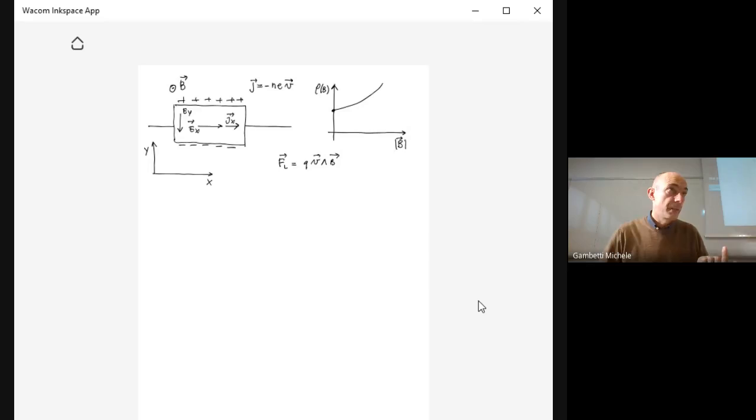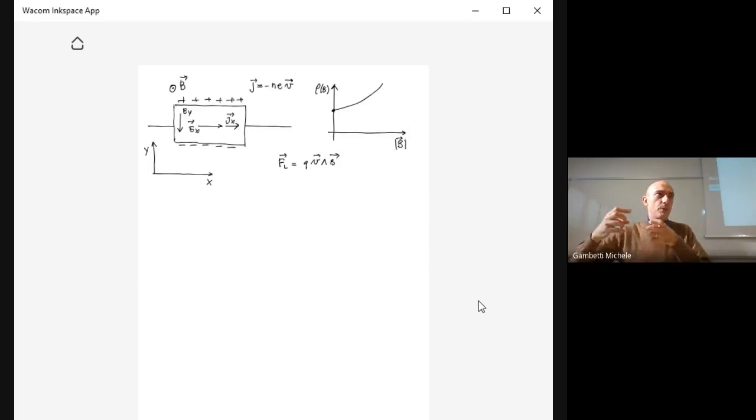And what is the effect of Ey? If Ey is downward, this means that the electrons are forced to go upward. So this field tries to obtain the equilibrium, because if we just leave the Lorentz force there, it will continue to send electrons to the right.